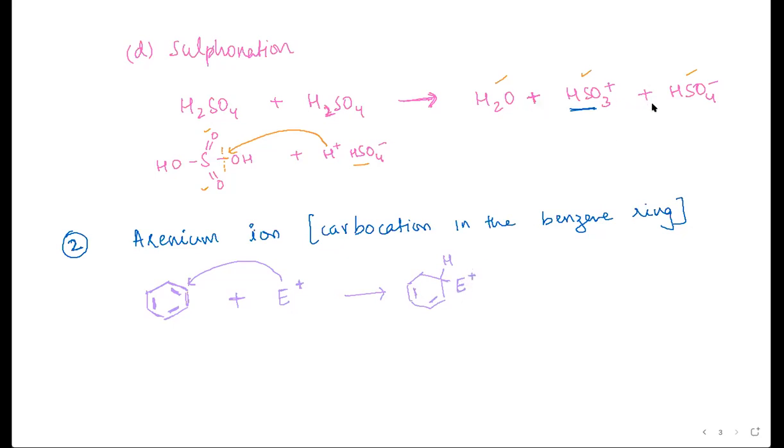So now the electrophile group gets attached here, and if you take away this pair of electrons, if you break this double bond, where should I put the positive charge? Should I put the positive charge on the carbon where the electrophile is attached, or somewhere else?